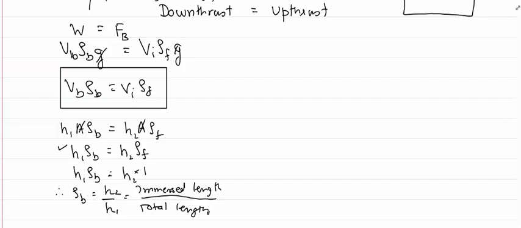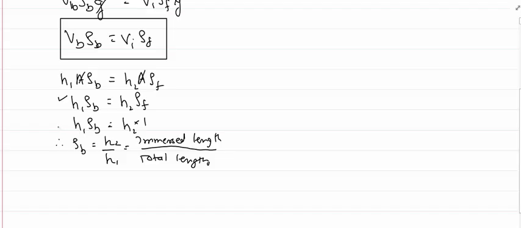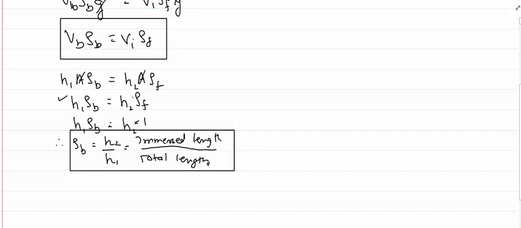Now, before you use this formula, you should be very clear that you can use this equation only if certain conditions are met. One condition is that the fluid is water, because as you saw, we took rho f as 1. The second condition is that the cross-sectional area is the same throughout, because we cancelled A in this case because the area was the same.